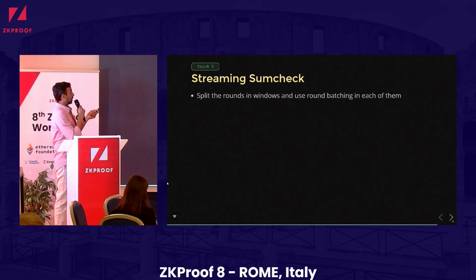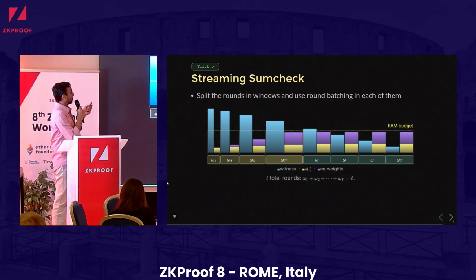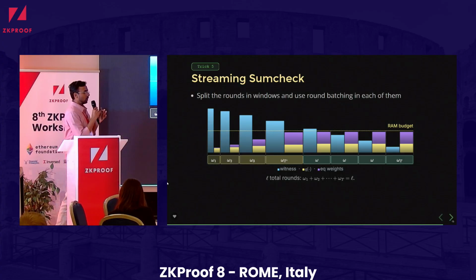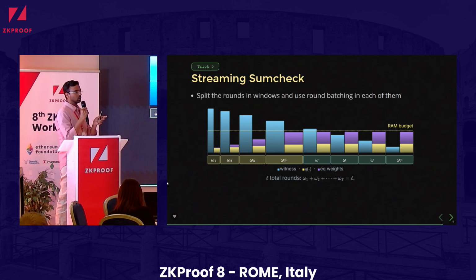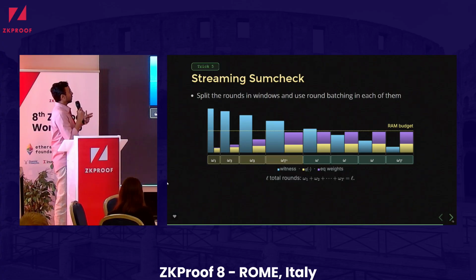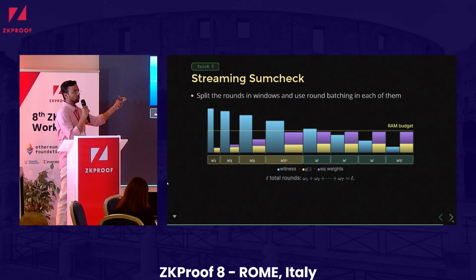And I'll just say a couple of words about the streaming version that Anubhav just presented. We also have a similar version where we perform this round batching. So here for the first W1 rounds, we do the round batching, then the next W2 rounds, we do another round batching, and so on, so as to limit the amount of data the prover has to store for each of these windows.